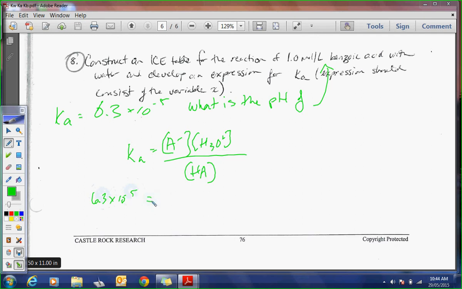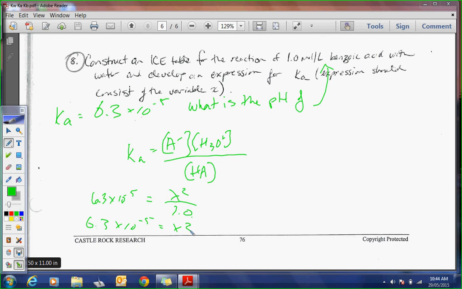A minus and H3O plus are going to be the same, so I'm going to call that x squared. And HA, even though that's the initial concentration, we can still assume no change. So I can put the original 1.0 down there. So multiply by 1 on both sides to get rid of that 1. So 6.3 times 10 to the power of negative 5 equals x squared.